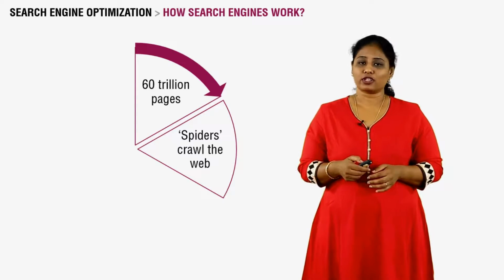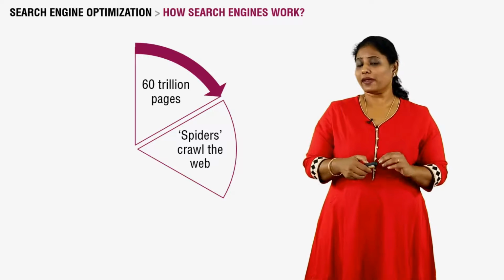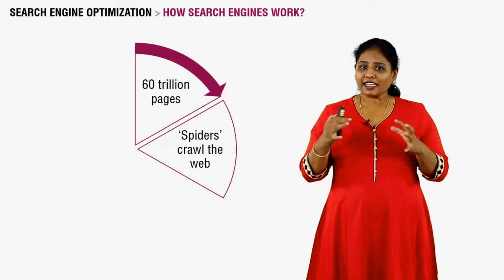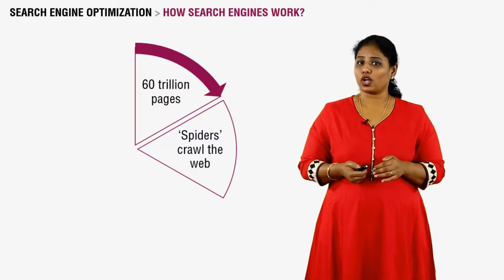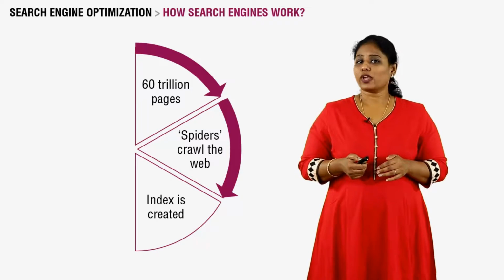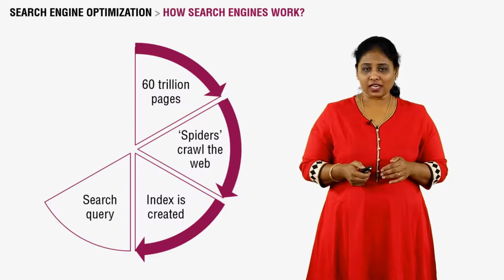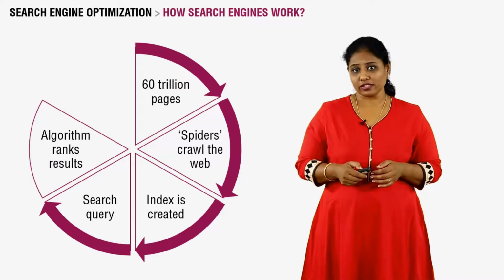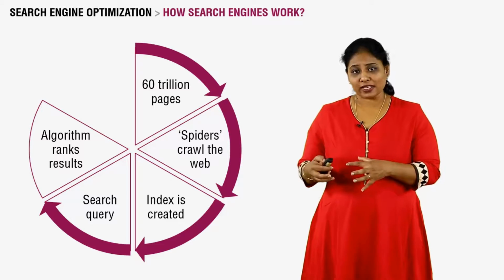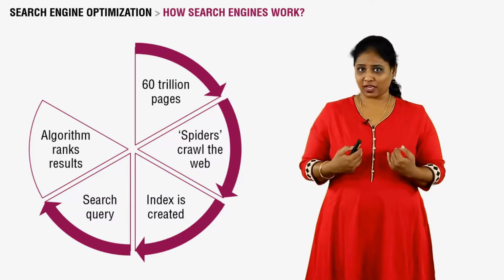They've built tools called spiders that crawl the web at regular intervals and collect the information from these pages and store them in an organized manner called an index. So when you actually enter a search query, Google searches the index through tools called algorithms, which find the best results and then rank them in order.